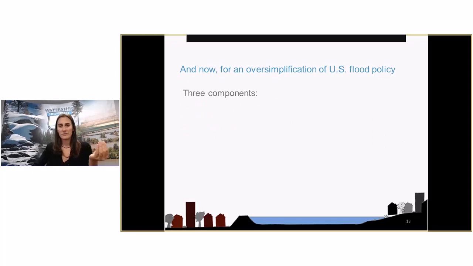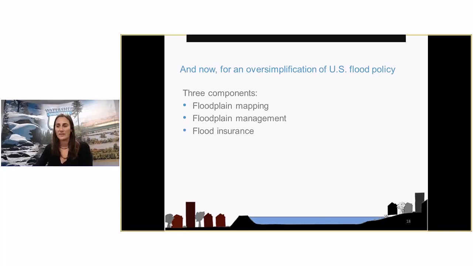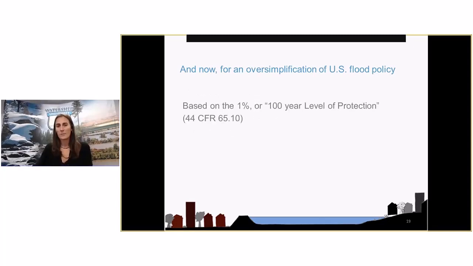It has three components that many of you are probably familiar with. The first is floodplain mapping. Second is floodplain management, and this involves a lot of building requirements and a flood insurance program. It's based mostly on the 1% flood, or what we often refer to as the 100-year level protection, and it is what underscores 44 Code of Federal Regulations 65.10.